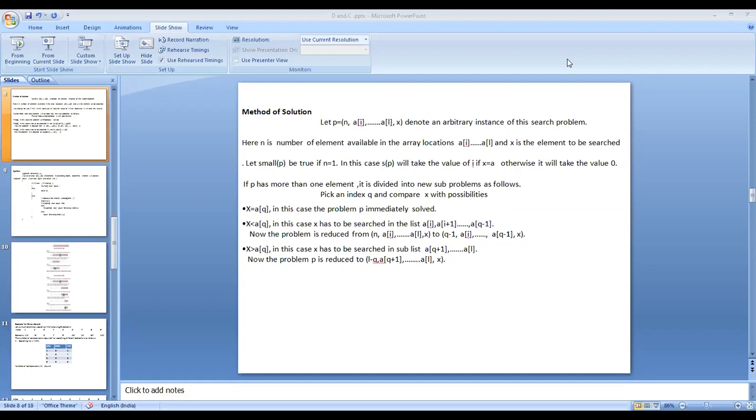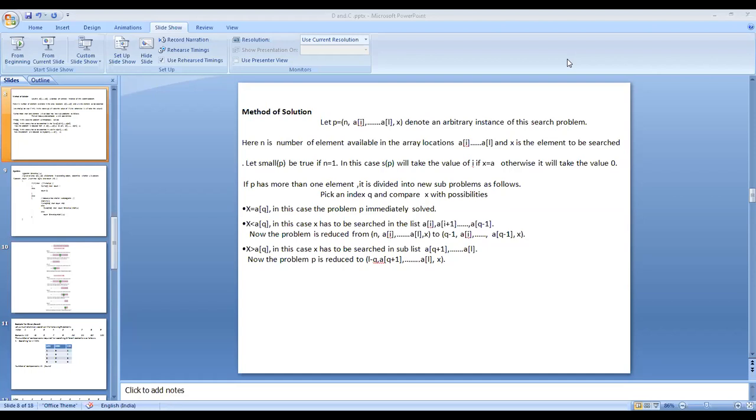This binary search problem can also be solved using the recursive technique. We have given the algorithm for it. I told you the method of solution. What is that method? From the given list of numbers, which are in sorted order, select the middle number and check whether that number is the number you are looking for. Otherwise, compare it with the number you are looking for.